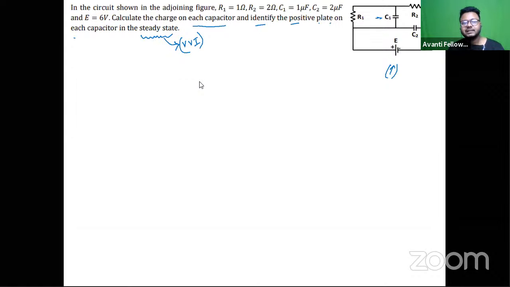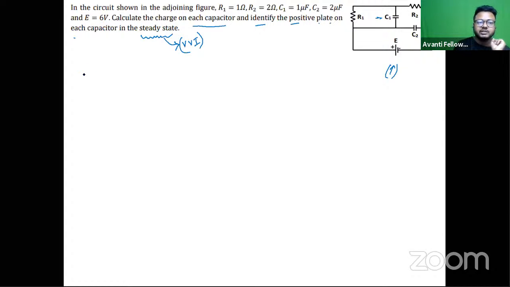Okay. So basically what happens in steady state, if you don't know... So what exactly Q1 is? Correct, Karthik, you got it correct.